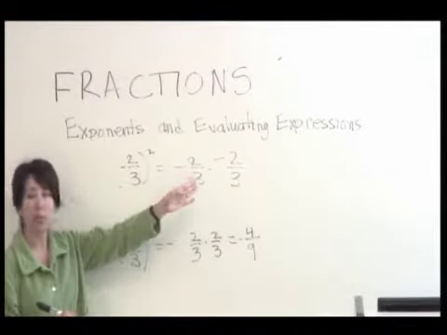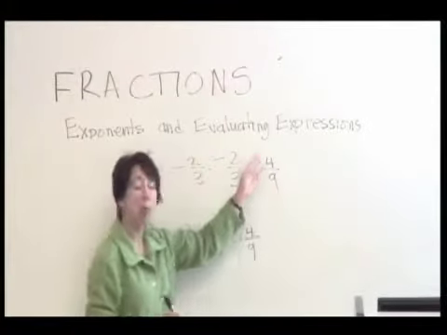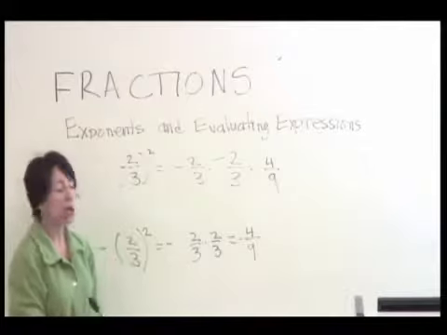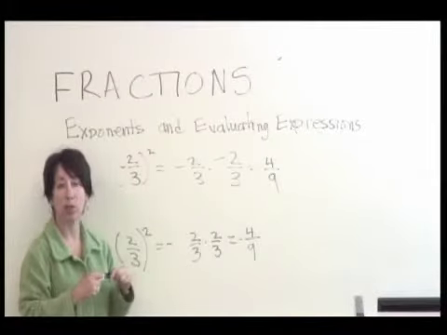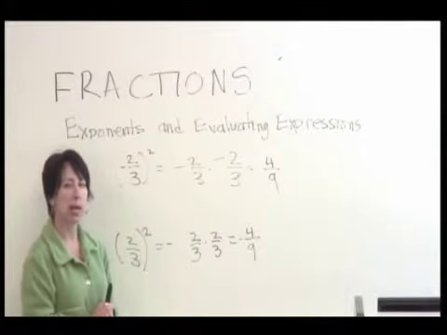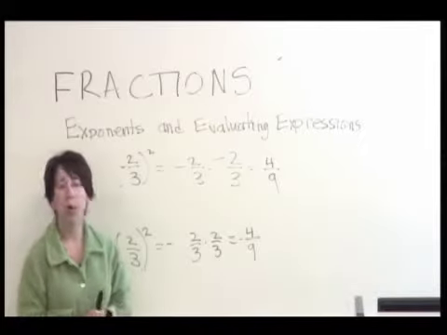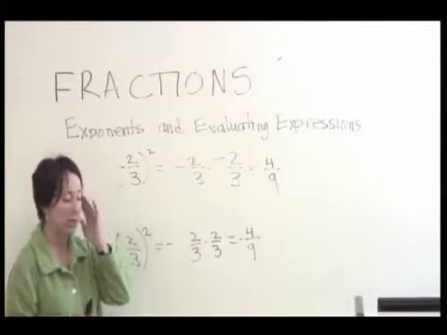Then negative 2/3 times negative 2/3 is going to be positive 4/9. So when we're multiplying or dividing fractions, we want to be really vigilant about our rules for multiplying and dividing signed values.